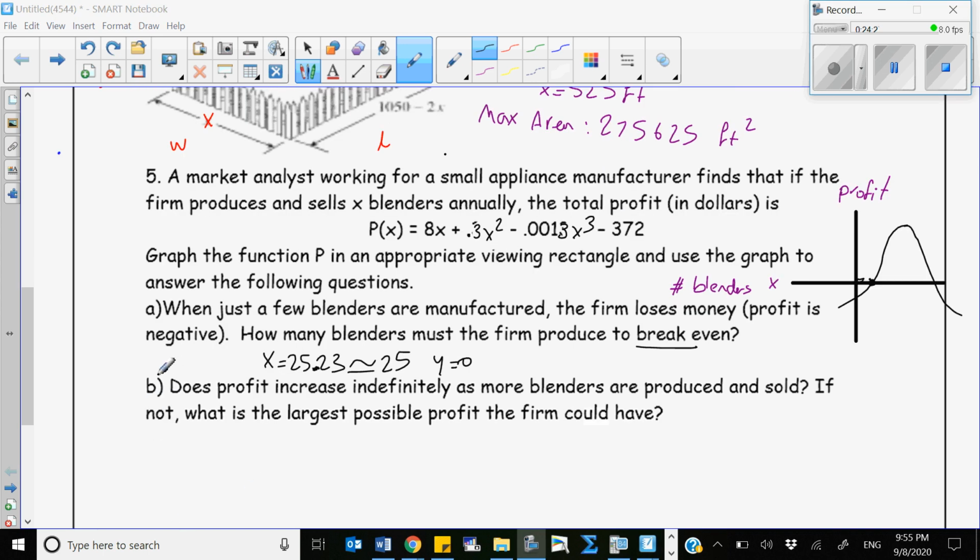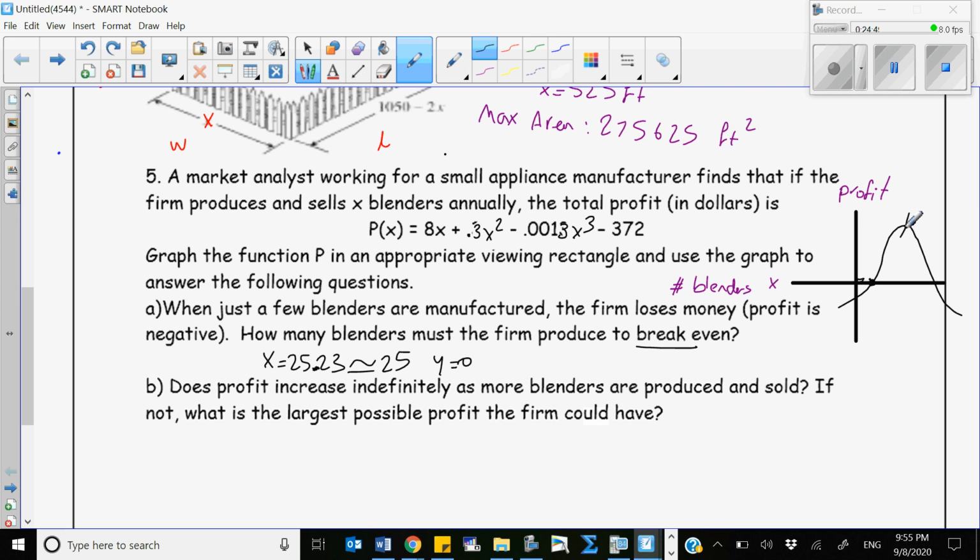Next part is asking, does the profit increase indefinitely as more blenders are produced and sold? If not, what is the largest possible profit the firm could have? As you look at the graph, you will see that the profit is going up until it reaches this point. This is the maximum point.